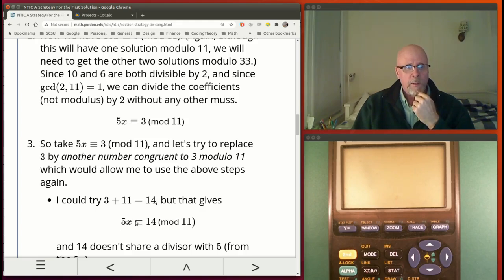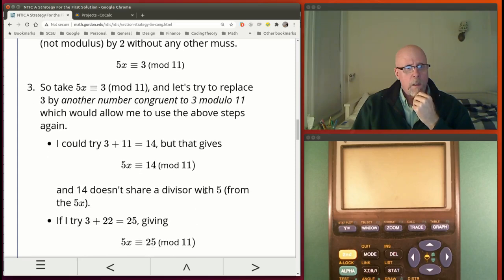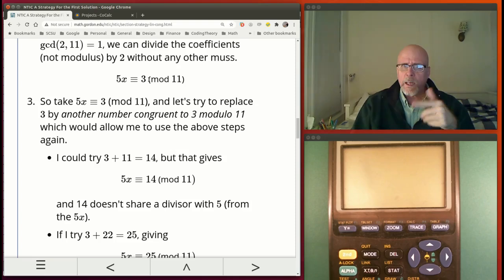And then we get 5x congruent to 14 mod 11. But we want something that will allow us to use that cancellation 2 idea again, so we'll be able to divide stuff out. So 14 wasn't good because it doesn't have a factor in common with 5.